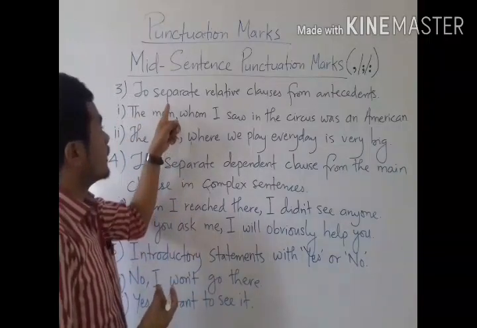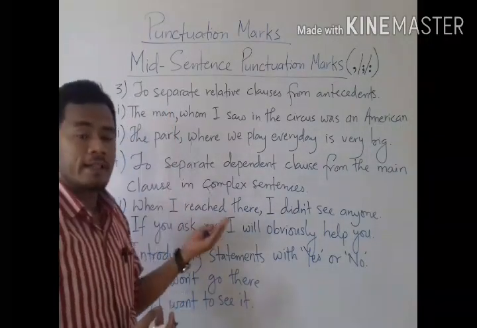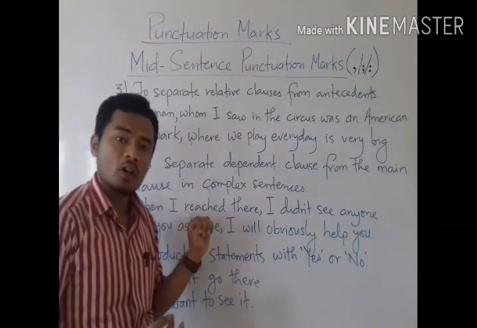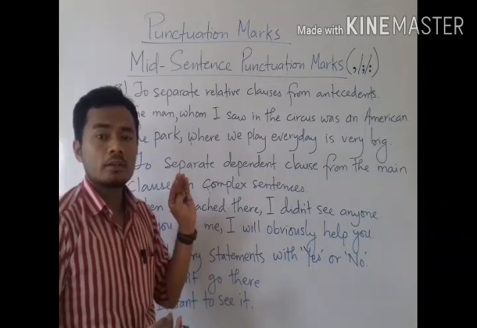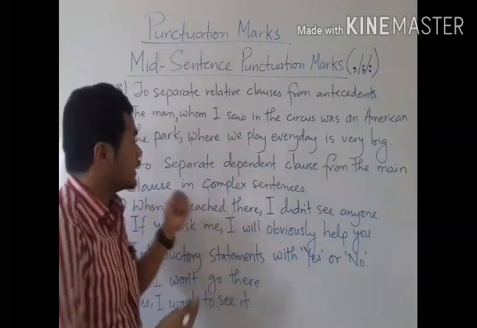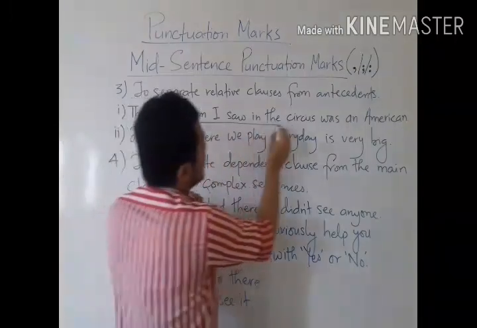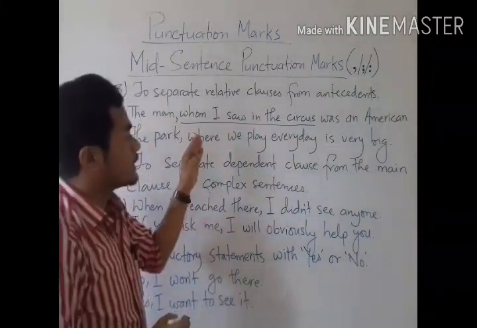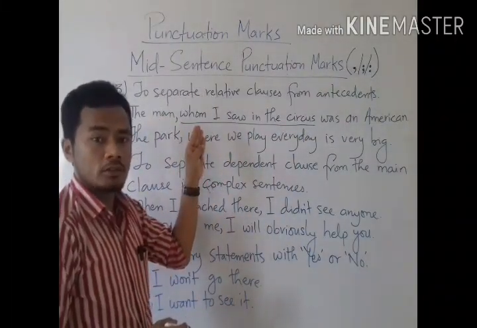See here, so after antecedents we have to put comma, and after comma we have to put the relative clauses. Here, whom I saw in the circus, this is a relative clause.